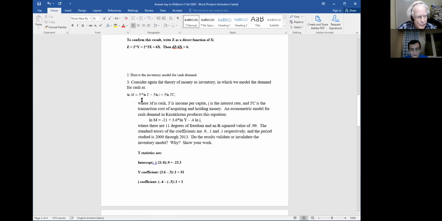And there is no intercept in the model. So let's take a look at how to determine whether or not the actual coefficients in Kazakhstan are close enough to the predicted values as to justify accepting the theory.